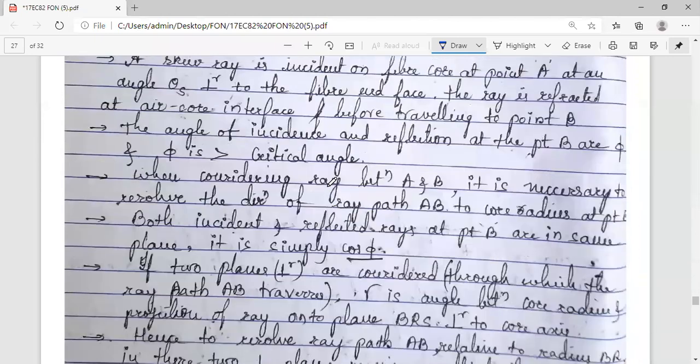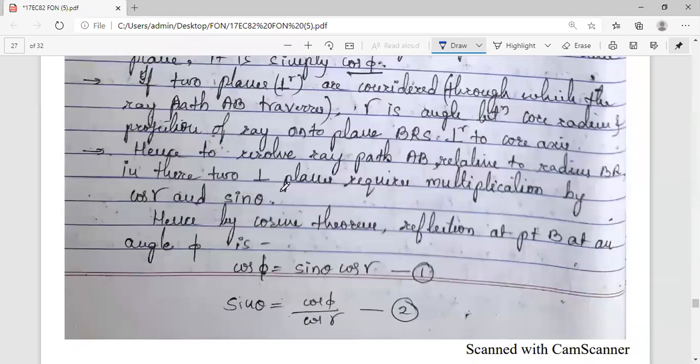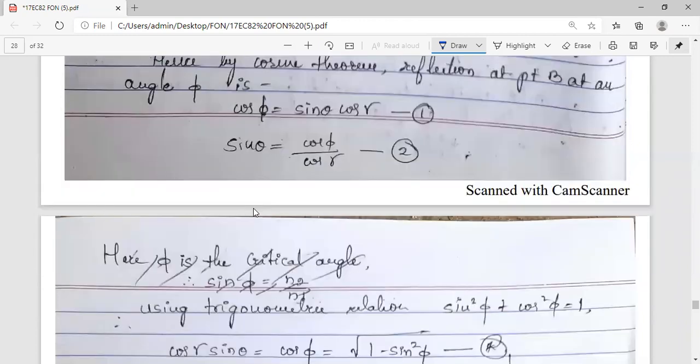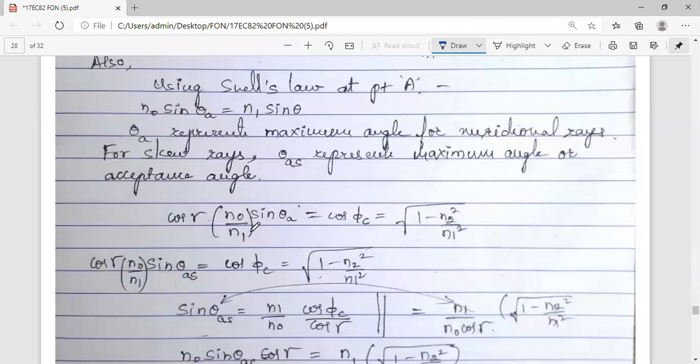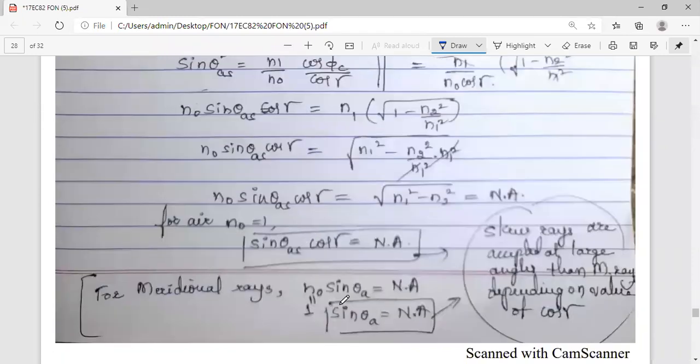For skew rays, we have already explained the structure. We considered two different planes, and we used the cosine theorem. From the cosine theorem, using trigonometry and Snell's law, we arrived at sine theta A equal to NA for meridional rays. But for skew rays, it is sine theta AS into cos gamma equal to NA, one additional term.